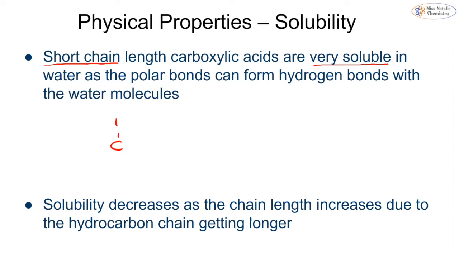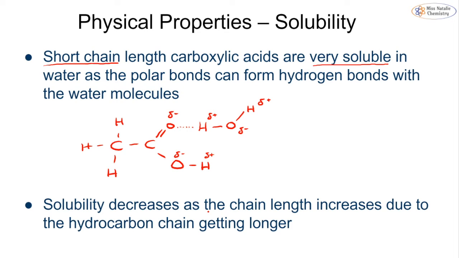So if we take ethanoic acid, where we have our CH3, our carbonyl group, and our hydroxyl group, of course we know that this is delta negative for the oxygens and the hydrogens are delta positive. So the delta negative oxygen is going to attract the delta positive hydrogen of the water, and we're going to get hydrogen bonds forming there.